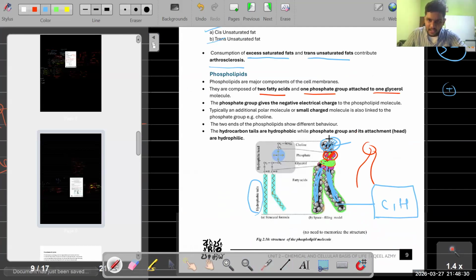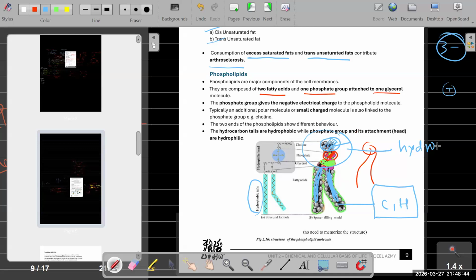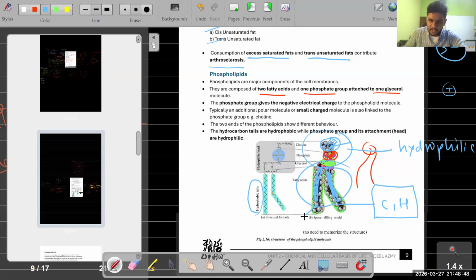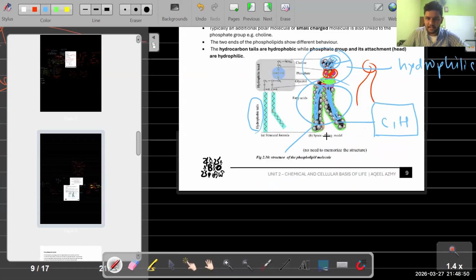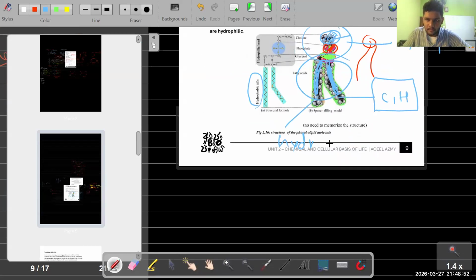This upper end shows what type of nature, hydrophilic or hydrophobic? Hydrophilic. This bottom part, the fatty acid, is hydrophobic.